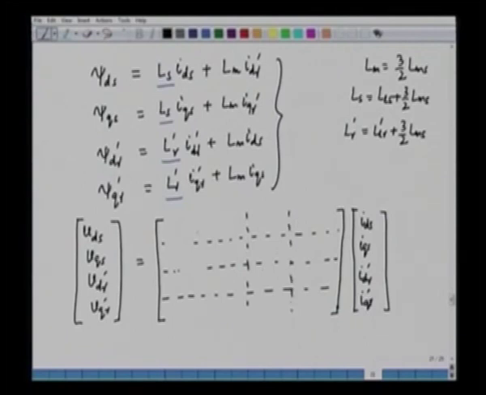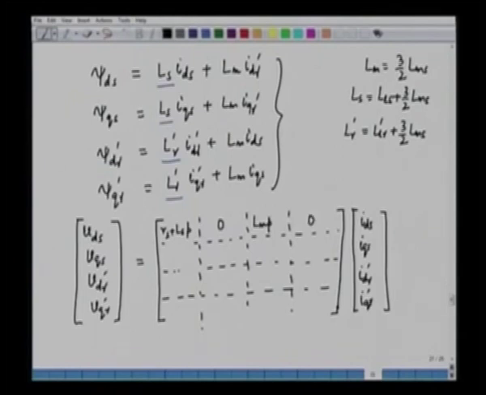We do not have to remember. The first one is the stator resistance drop and the stator self inductance drop. So we can say it is Rs plus Ls p. Now, the stator d axis is coupled with the d axis rotor, so we have Lm p, and then the stator does not have any rotational induced EMF, so we can make the other terms equal to 0.